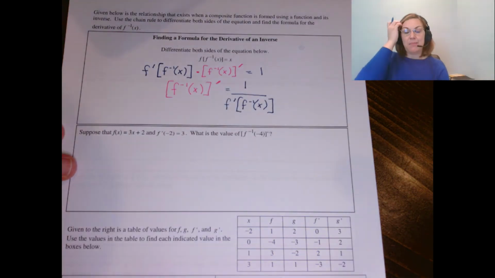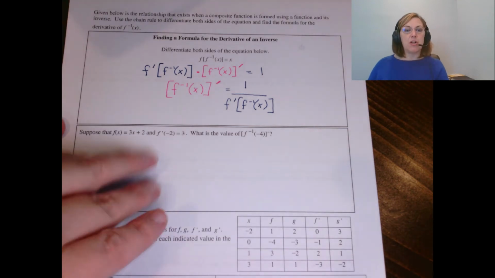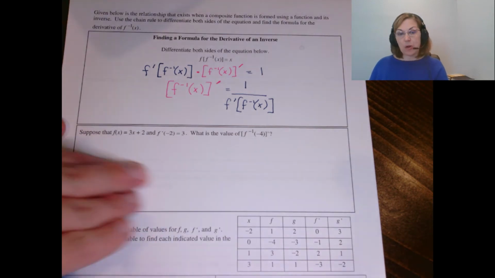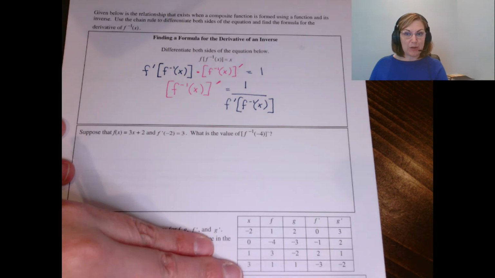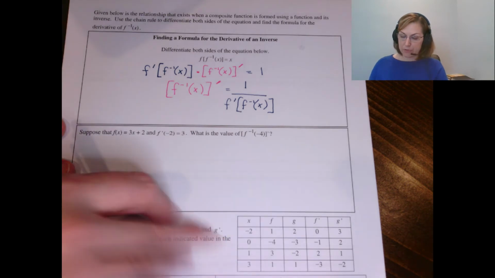Now, I know that may seem like really crazy, but that's the formula we need. We're going to use it. Okay. So let's look first of all at it from an equation approach, and then I'm going to look at it from a numerical tabular approach.